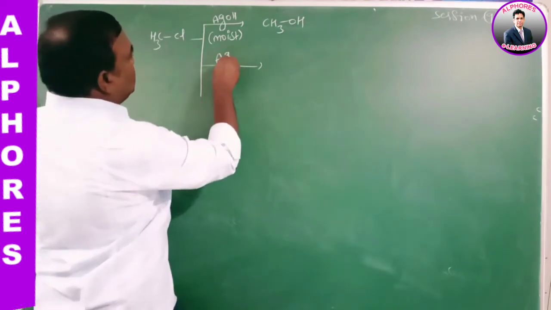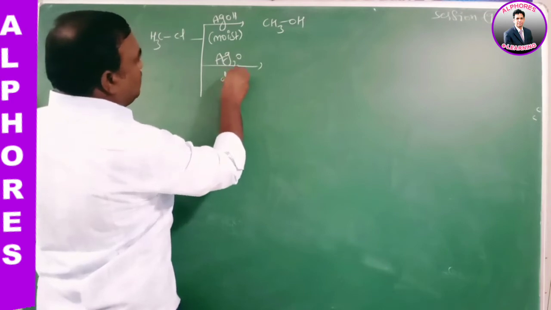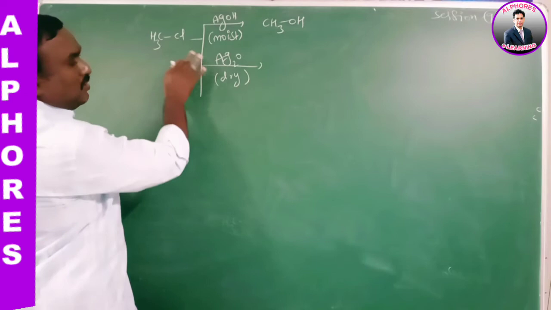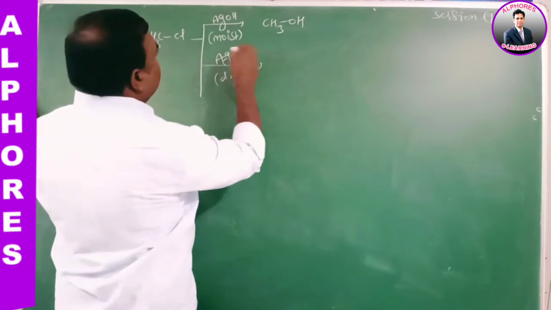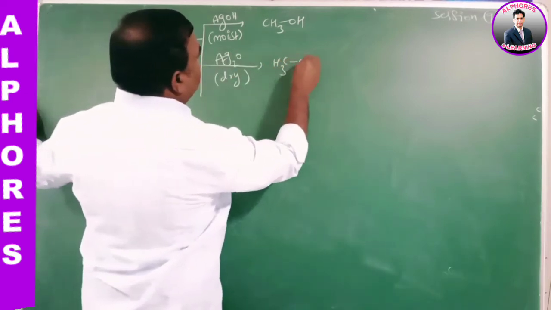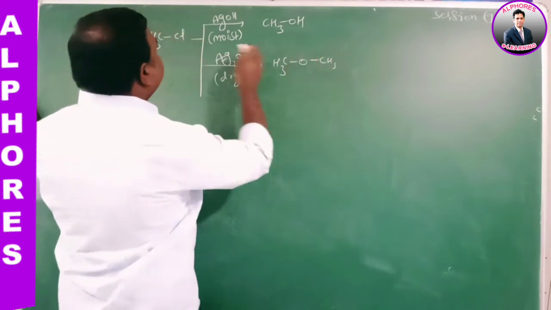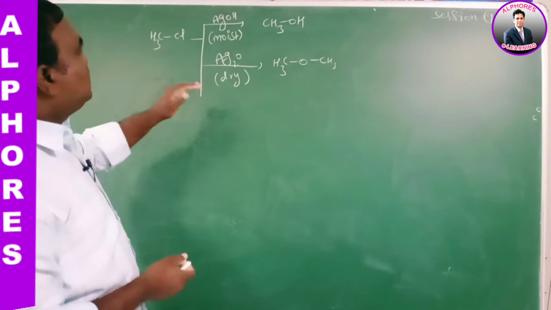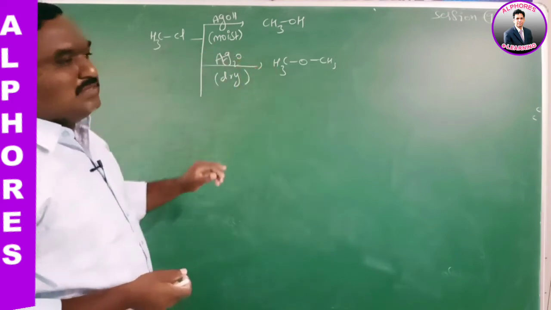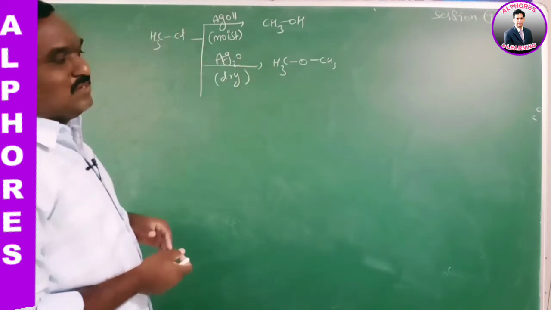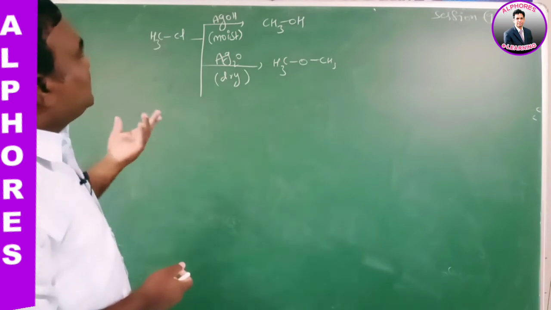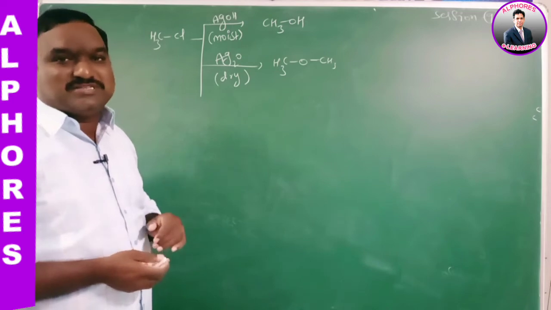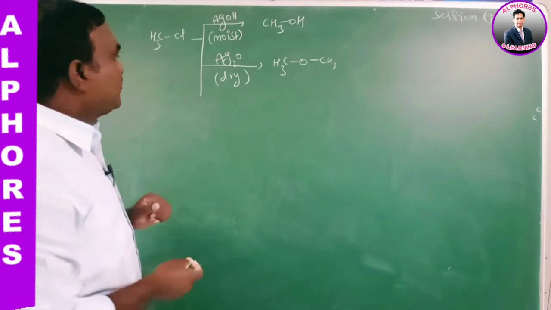Dry silver oxide means we get ethers. Moist silver oxide gives alcohols. These are nucleophilic substitution reactions.